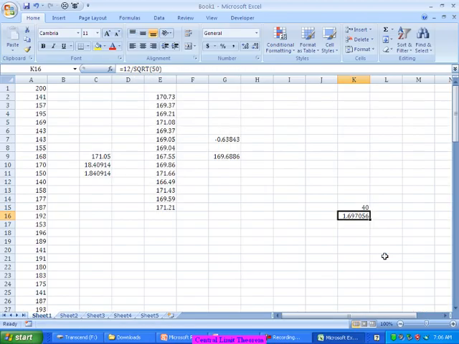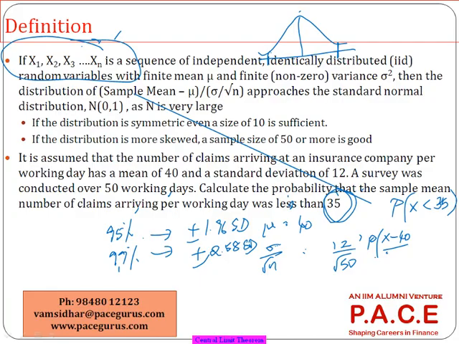The standard deviation for us, we got as 1.69. For the data it is sigma, but for the mean, the standard deviation is always sigma by root n. So 1.697. So we want the probability that x minus 40 by 1.697 is less than 35 minus 40 by 1.697.